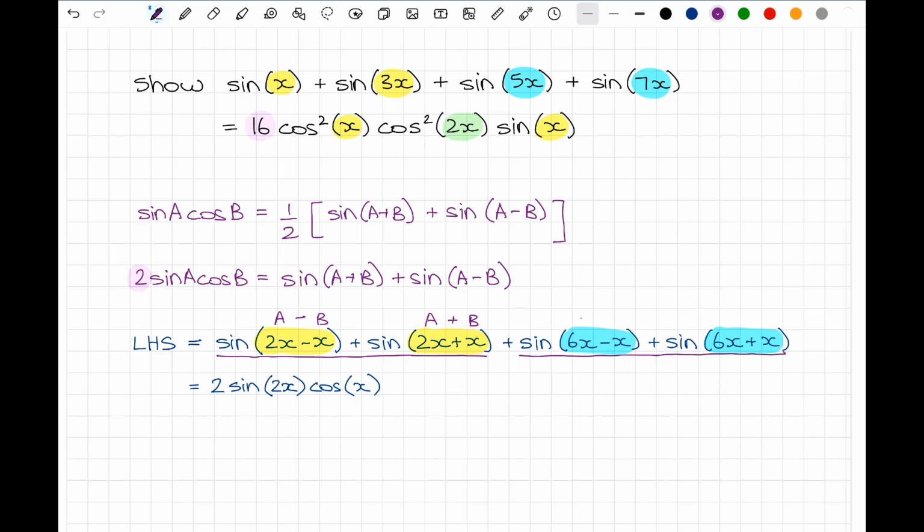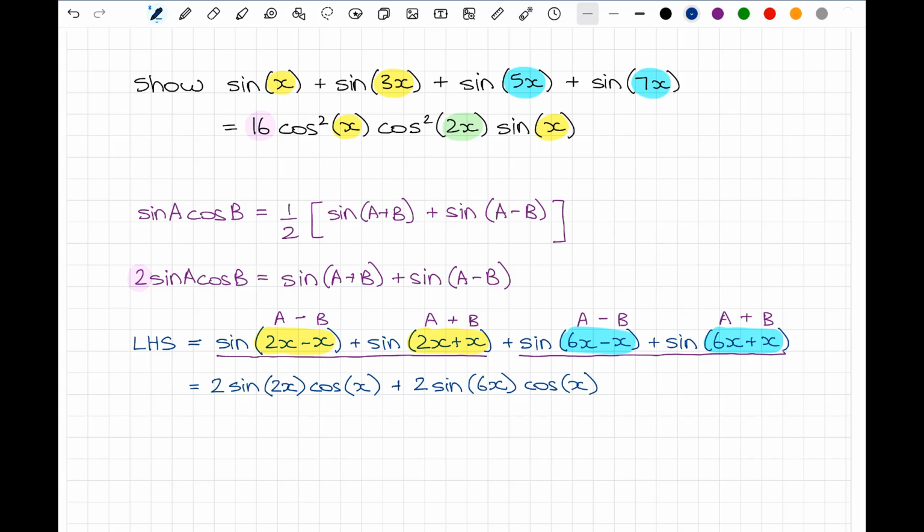For these, A would be 6x and B would be x. And again, we've got an A minus B and an A plus B. So I can use the same result. So plus 2 times the sine of 6x times the cosine of x.